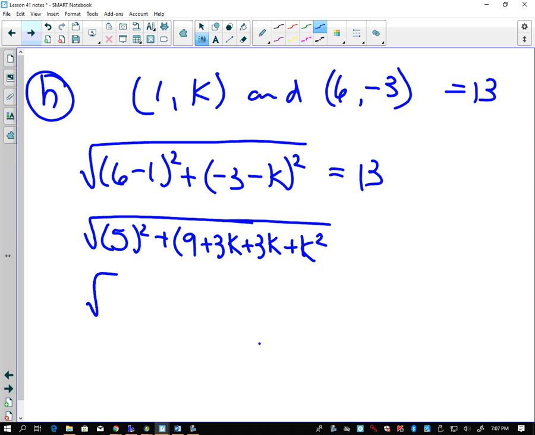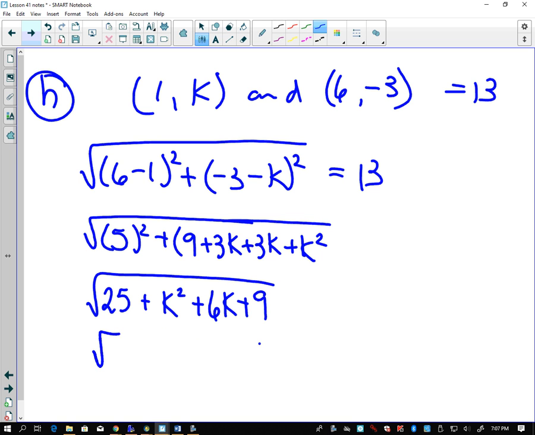We can simplify that a little bit, because we'll end up with 25 there. Let's rearrange this so that we have k squared plus 6k plus 9. We can add our 25 to our 9, so we're getting k squared plus 6k plus 34, and all this equals 13.